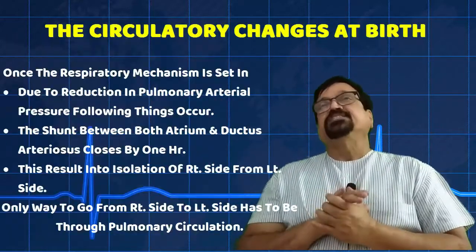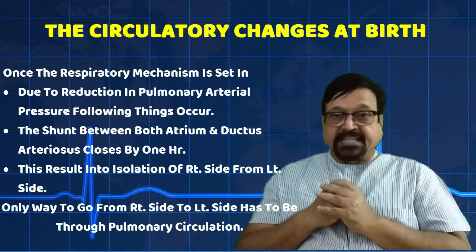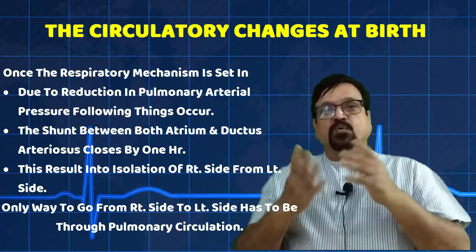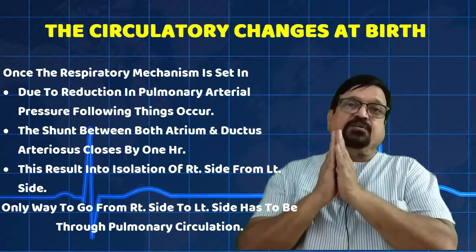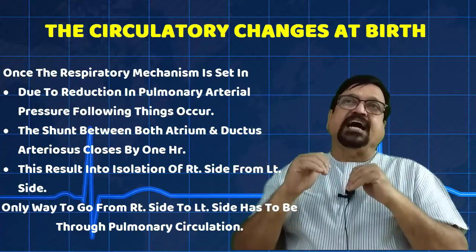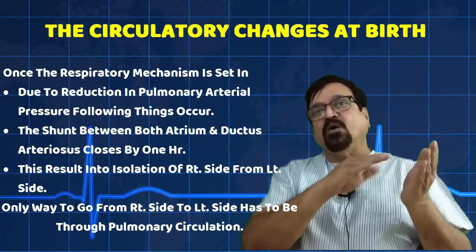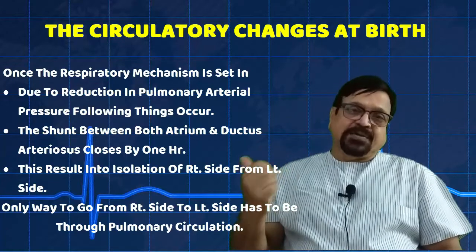Now what happens once the child takes a breath? Once the child takes a breath, the pulmonary circulation, which was of high resistance, goes into low resistance. That is because of the expansion and aeration of the lung; the pulmonary arterial pressure is less than that of the aortic blood flow.